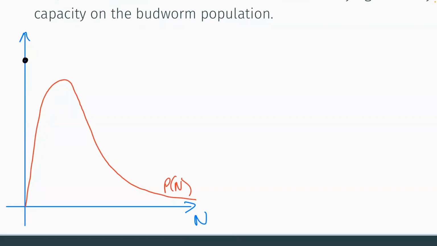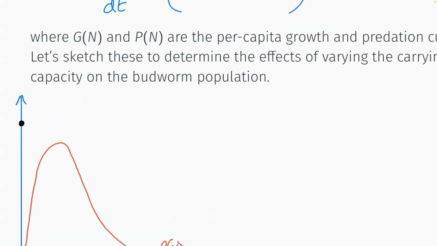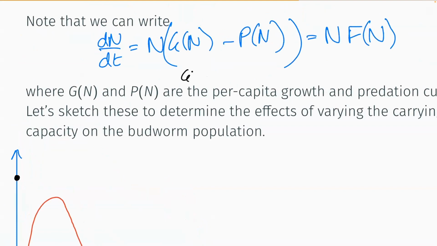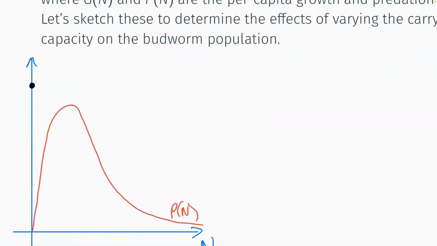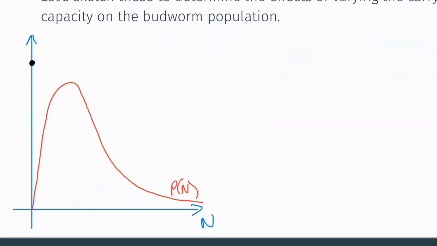And then I want to think about what happens as the carrying capacity increases. So let's sketch what this G of n is going to equal: r times 1 minus n over K. That's my per capita logistic growth term. So this is linear in n. When n is equal to 0, we have r. This intercept on the vertical axis is r.